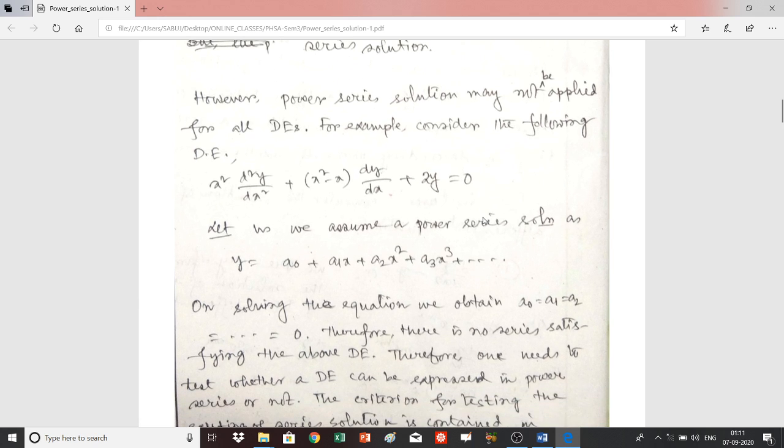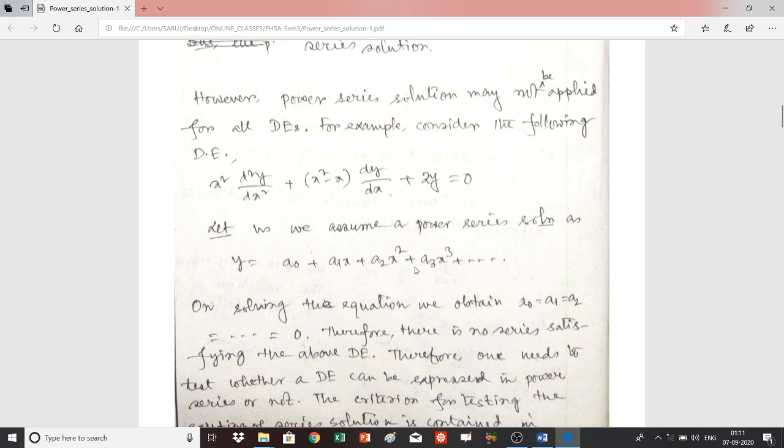To solve this equation, we consider that y can be expressed in the ascending or descending power of x, and say here it is ascending power of x. So y is equal to a0 plus a1x plus a2x square plus a3x cube plus etc., where a0, a1, a2, a3 are constants.